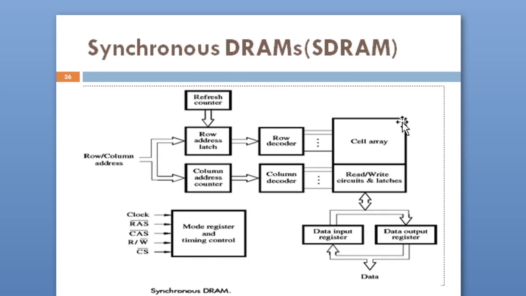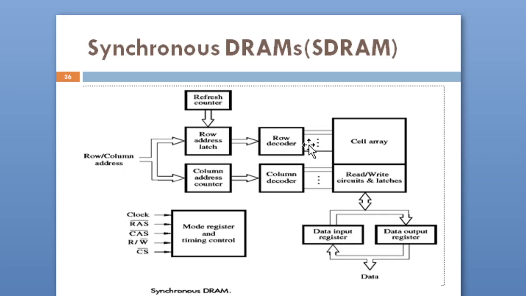So this is the diagram which shows synchronous DRAM, and we have many components in it. We have the row address latch and column address latch, which are connected to the row decoder and column decoder respectively.